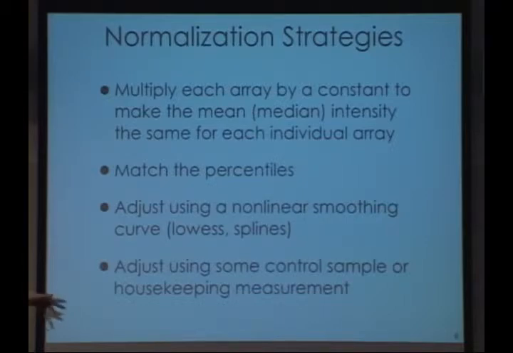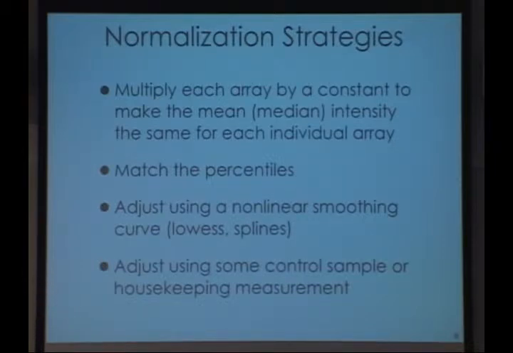Whether it's a housekeeping gene or a housekeeping sample, the key underlying idea is that it has to be constant, or thought to be constant, regardless of what happens. Okay? So then you could compare from one batch to the other.